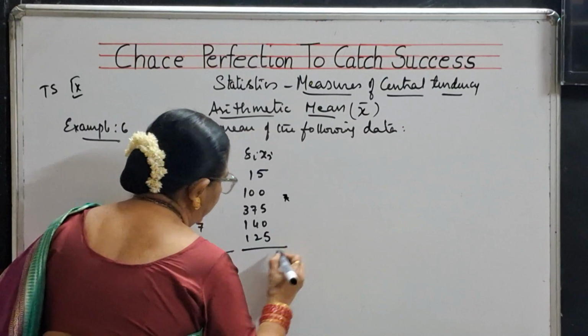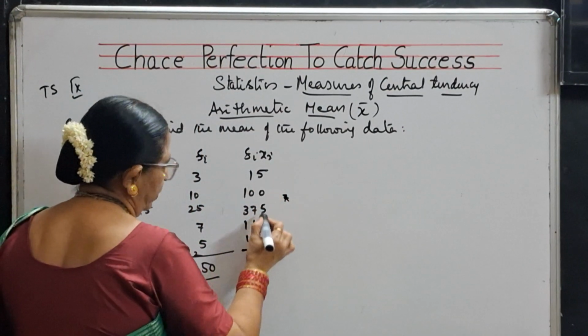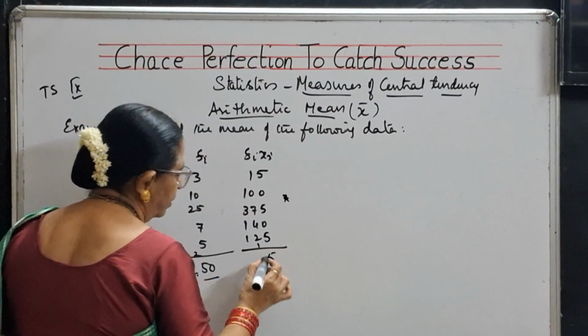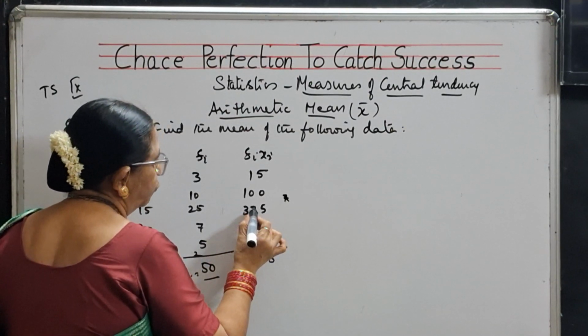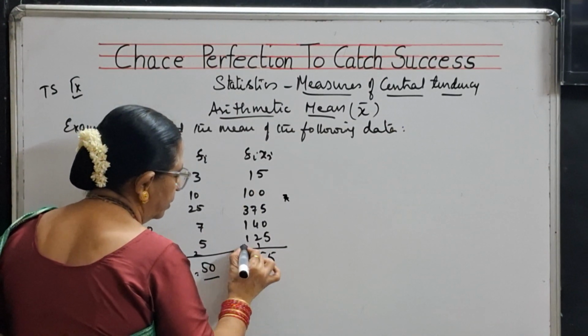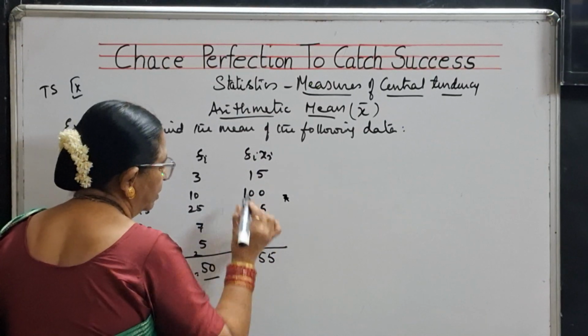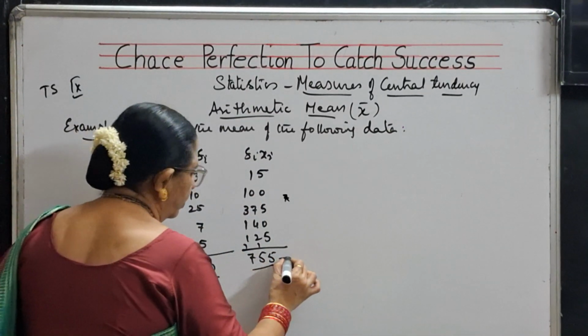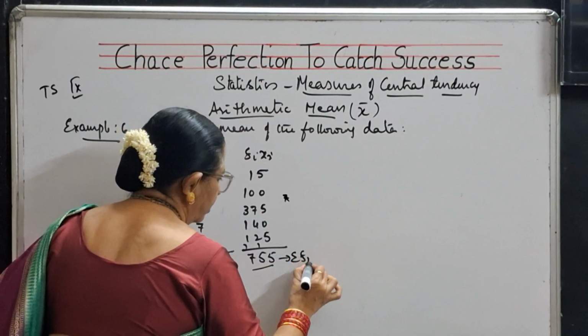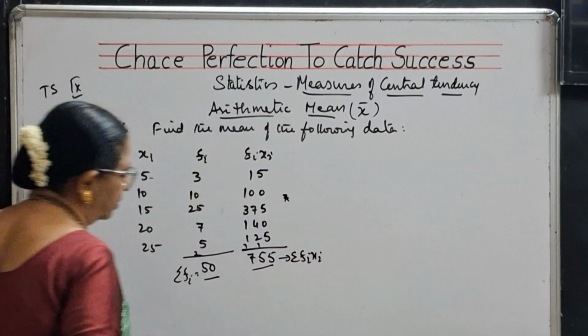So let us add all of this. You are getting 755. What is this value, children? Sigma Fi Xi value is this.